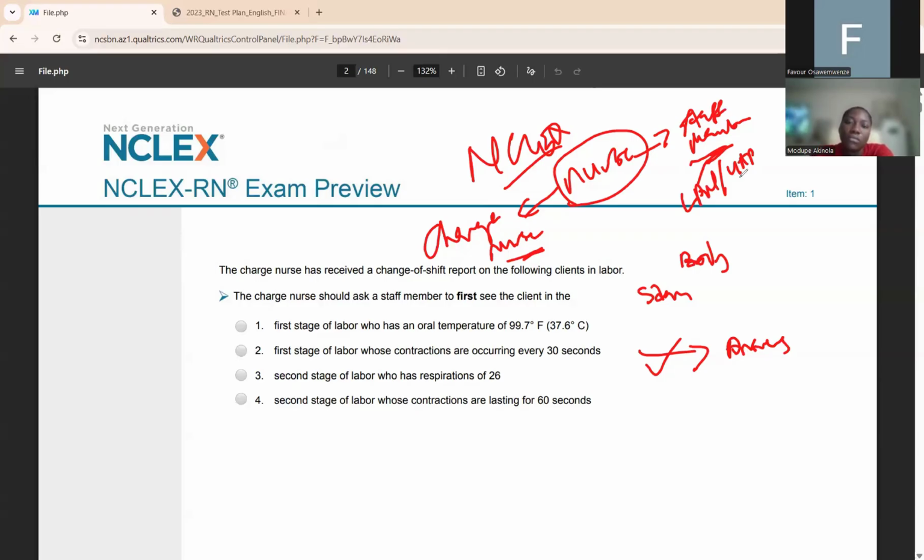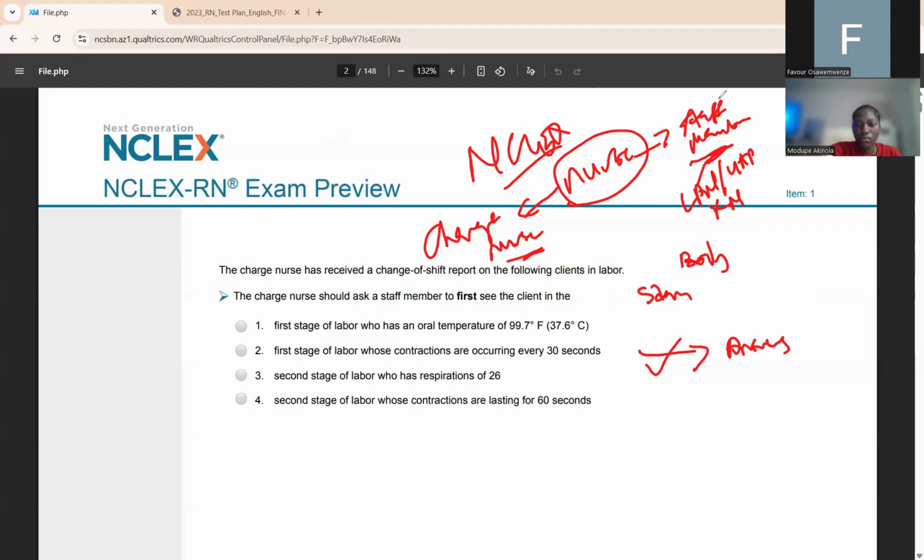NCLEX can decide to tell you the kind of staff member you are working with if they want you to pay attention to that staff member's scope of practice, or they might just leave it as staff member. The staff member can also be another RN like you. So anytime the NCLEX says staff member, you don't need to think about scope of practice because they did not disclose the person you're working with.